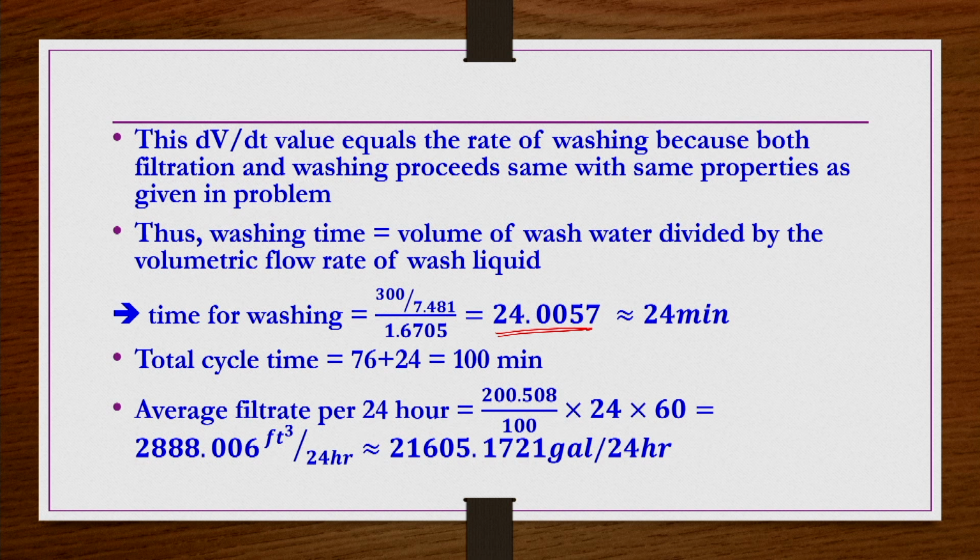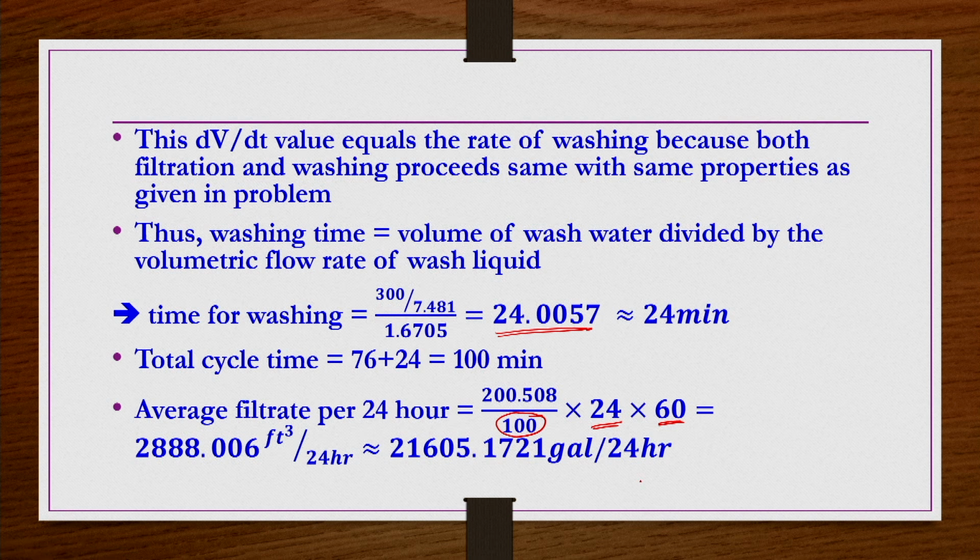Now, average filtrate per 24 hours is required, the second part of the question. So, filtrate volume is 200.508 feet cube, and then cycle time is now 100 minutes, right. But we need it per 24 hours. So, if you multiply by 60, that would be per hour, and then further multiplied by 24, that would be per 24 hours.